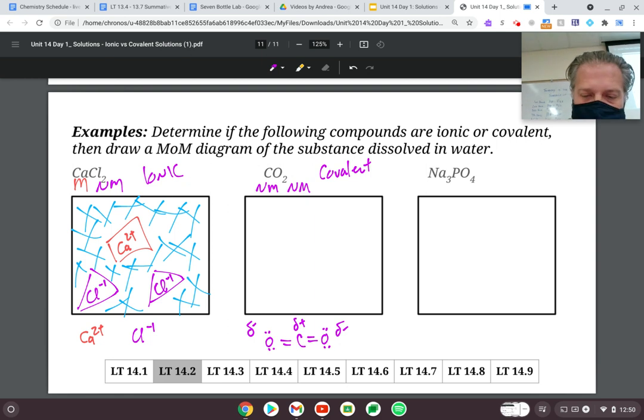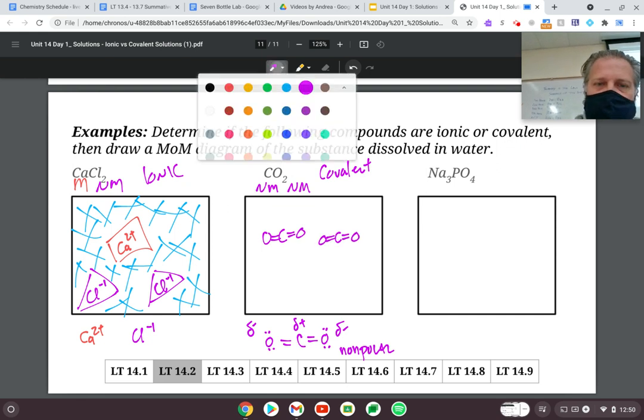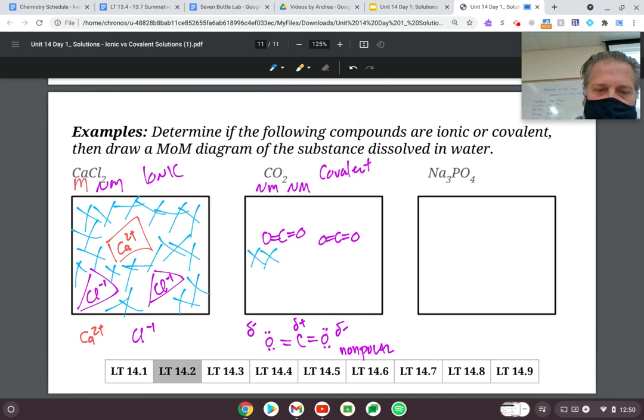So this is going to be nonpolar. So what that would look like would be this, where they are not dissolved.